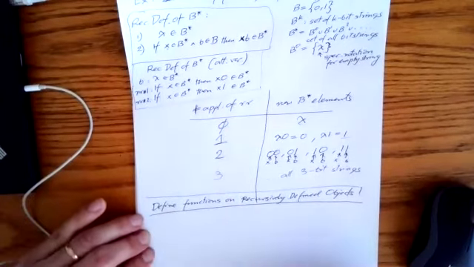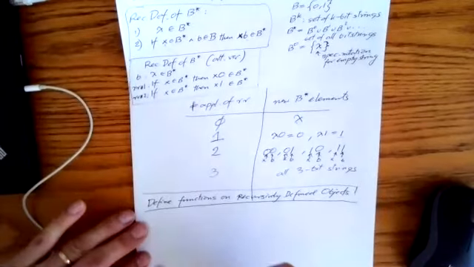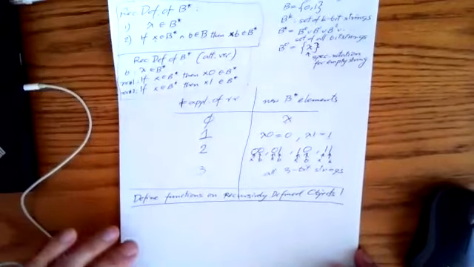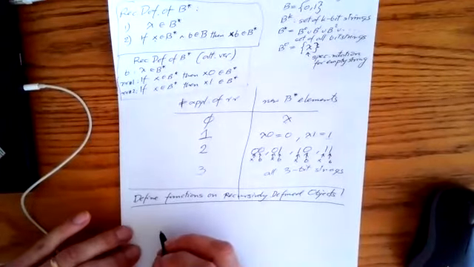That's the definition. Now, here is a function that I will define on elements of B star. It's a length function.